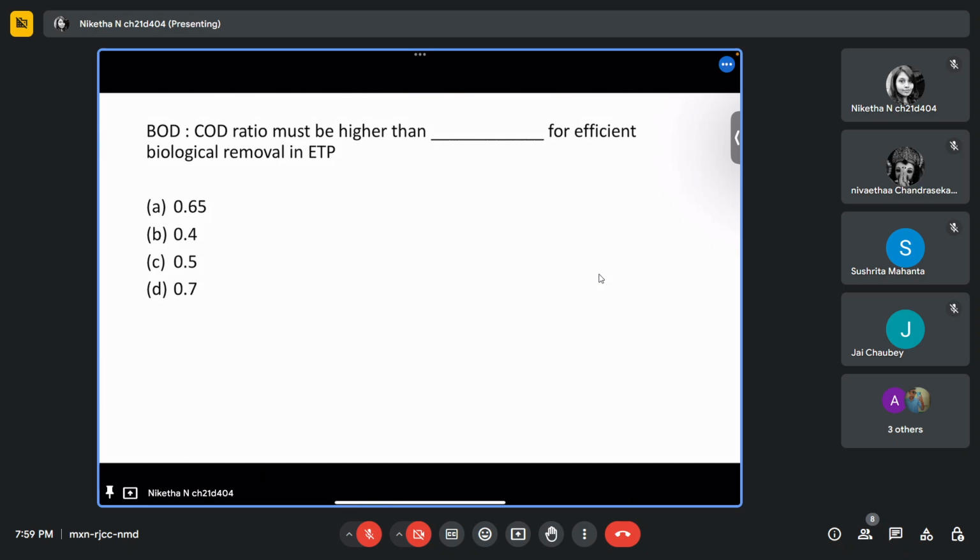So when you want to use biological treatment, we have to ensure that the waste can be treated by biological treatment.